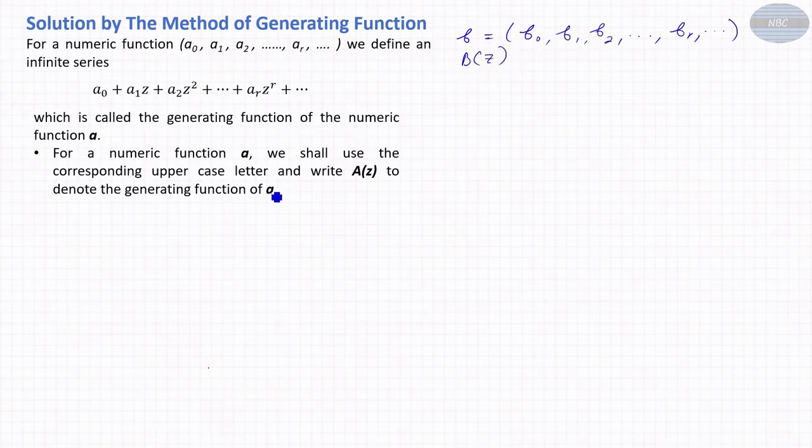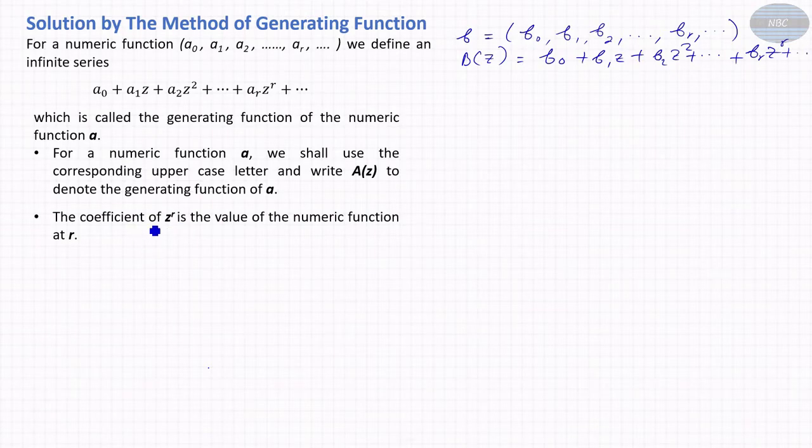So B(z) is equal to b0 plus b1 z plus b2 z square and so on, plus br z to the power r plus and so on.